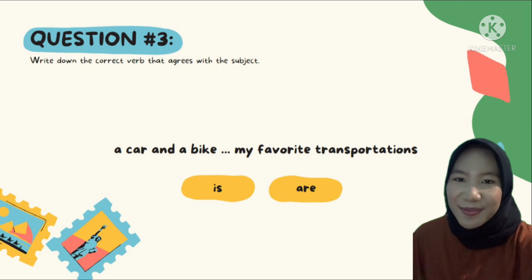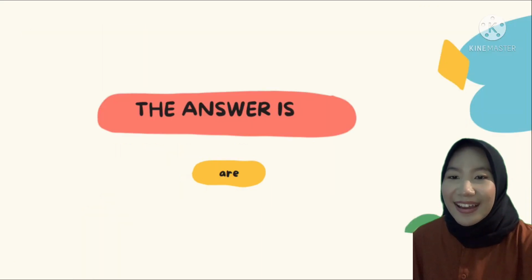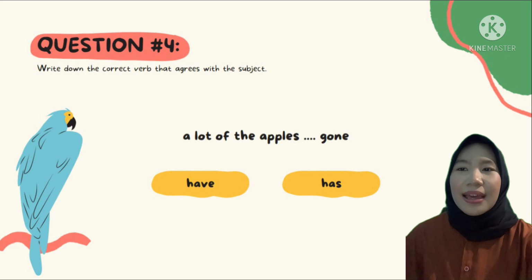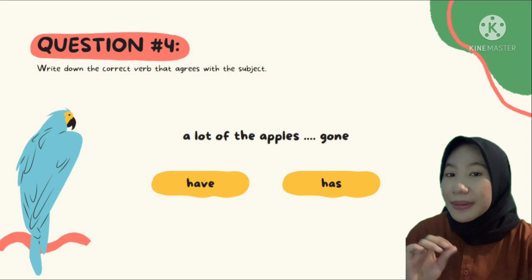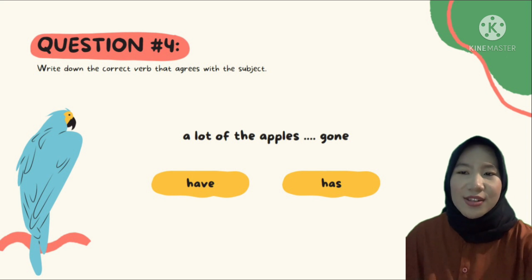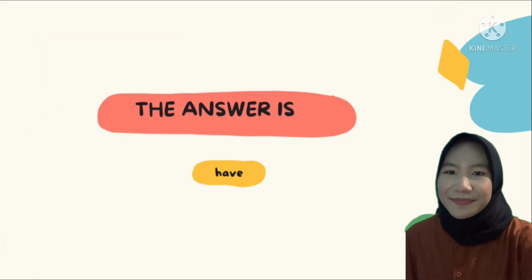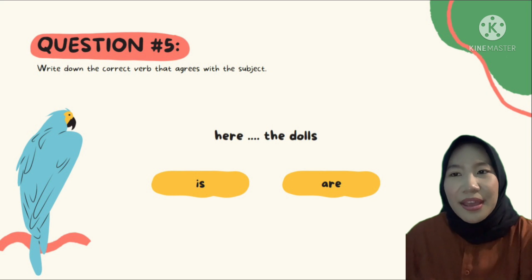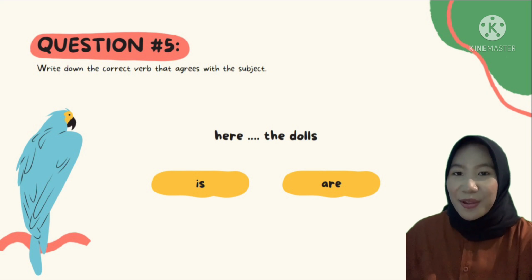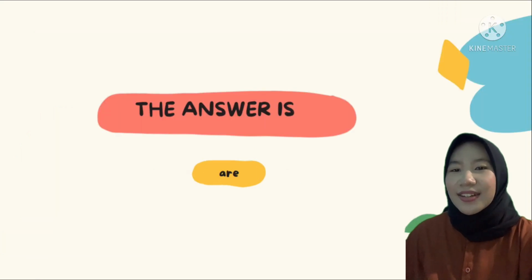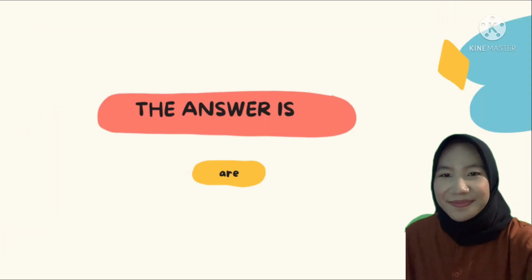What is the correct answer? Fourth: a lot of the apples, blank, gone. What is the correct answer? And fifth, this is the last. Here, blank, the dolls. What is the correct answer?